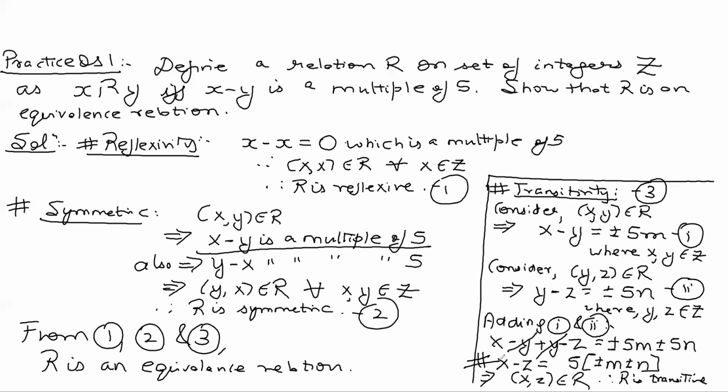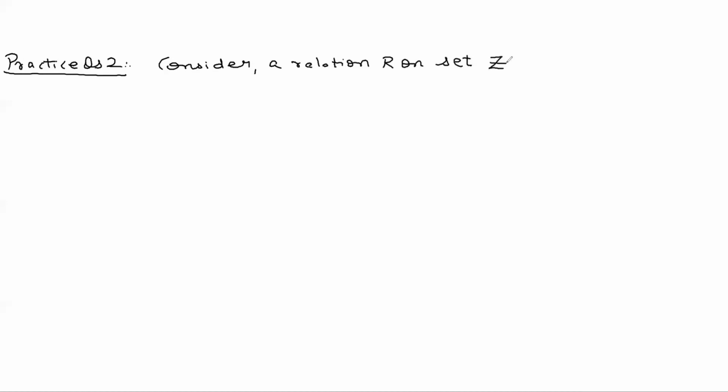Okay. And guys, the last question for the day, after which I stop. Practice question 2. Consider a relation R on the set Z of integers defined as x is related to y if and only if x is less than or equal to y.